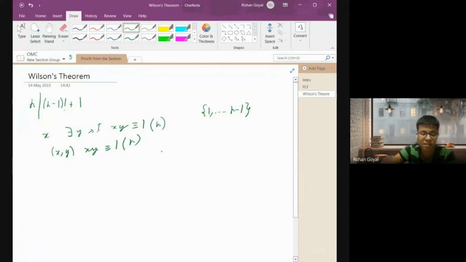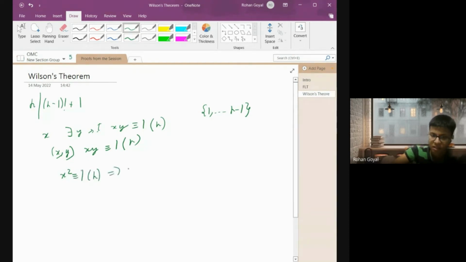So that is one thing to be careful of. Here you're assuming that x and y are not the same thing. But it's very much possible that x and y are the same thing. If x and y are the same, then you have x square is congruent to 1 mod p.